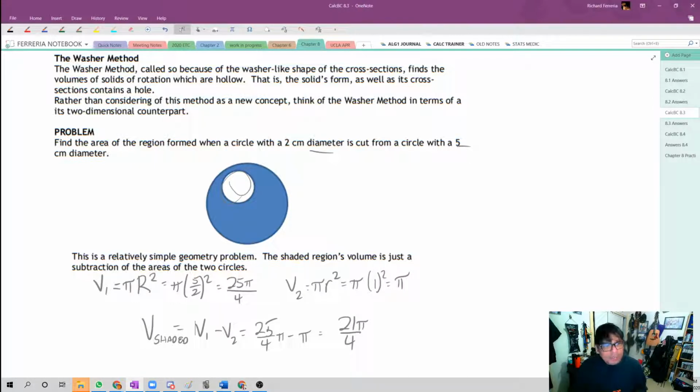Not too difficult of a geometry problem for most of you. But this geometry problem is exactly what we're going to be doing with the washer method. We're going to find the area of a large circle, and from that we're going to subtract the area of a smaller circle.